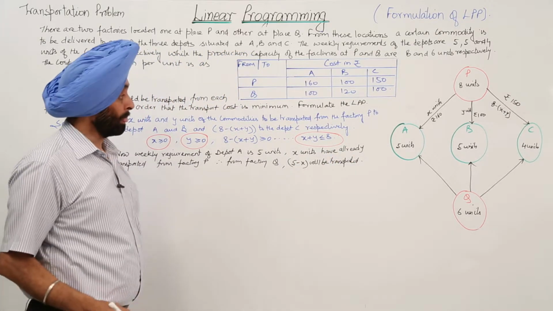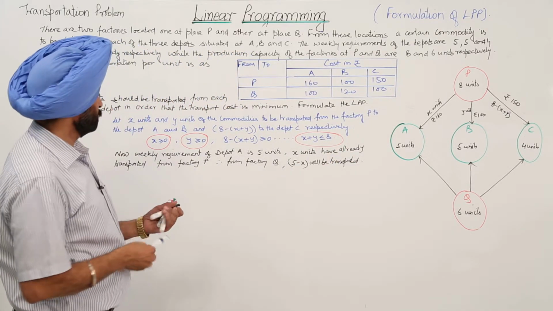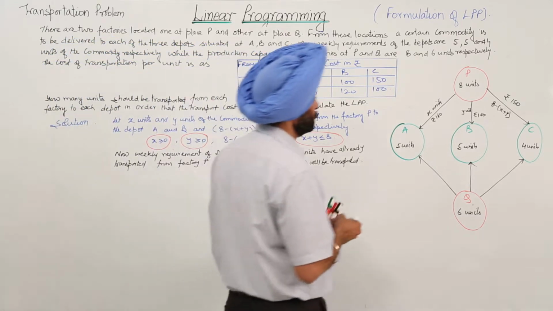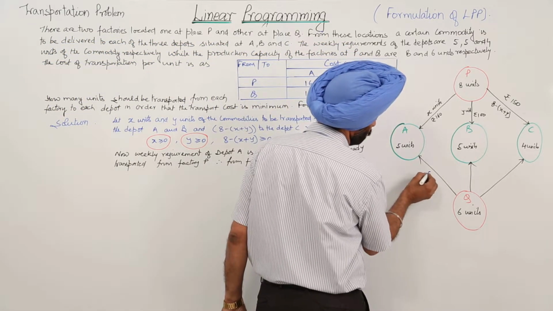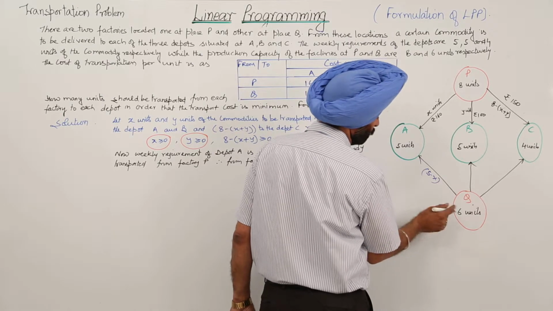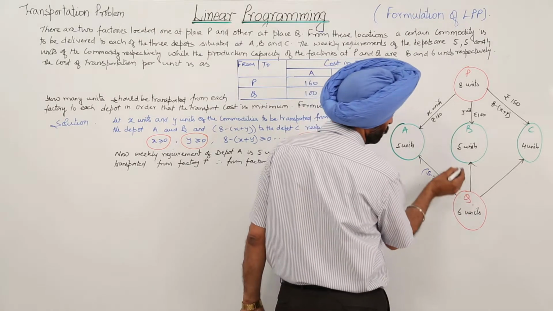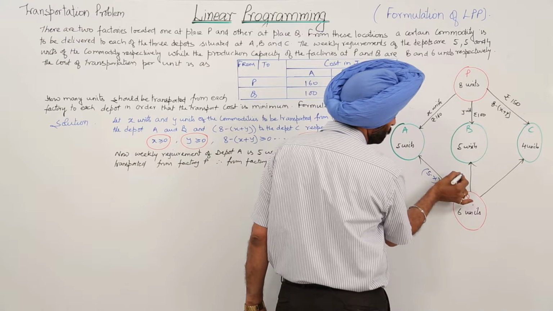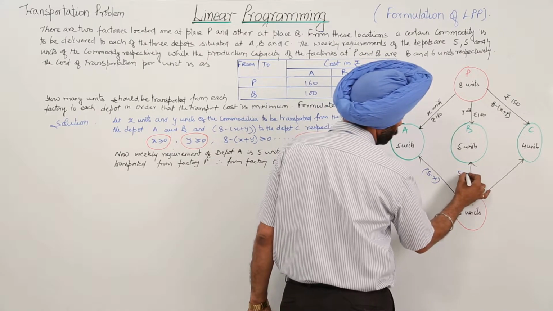Is it clear? So 5 minus X from Q to A, and for B, already Y is given, so this will be 5 minus Y from Q to B.